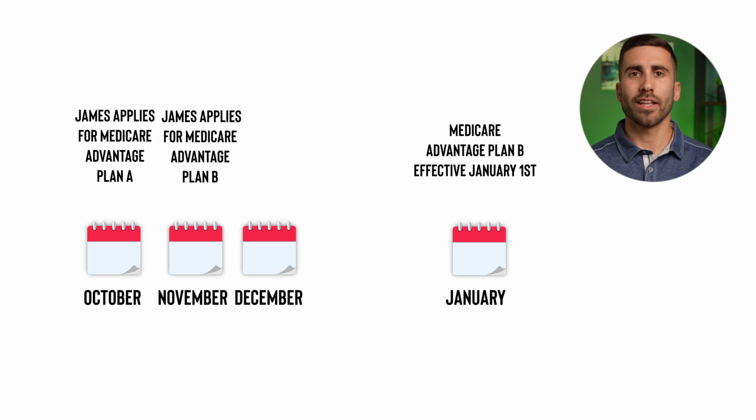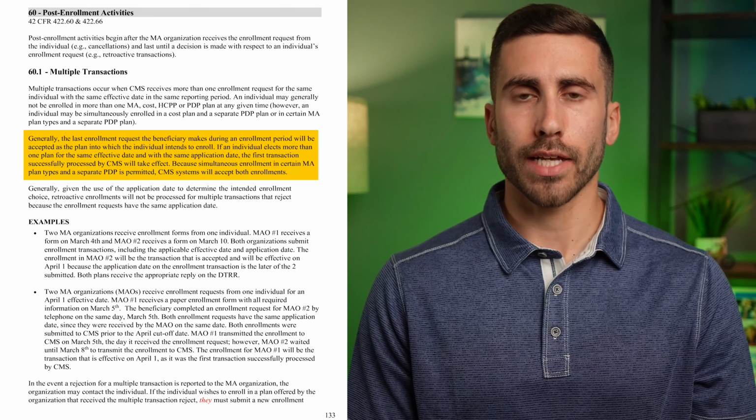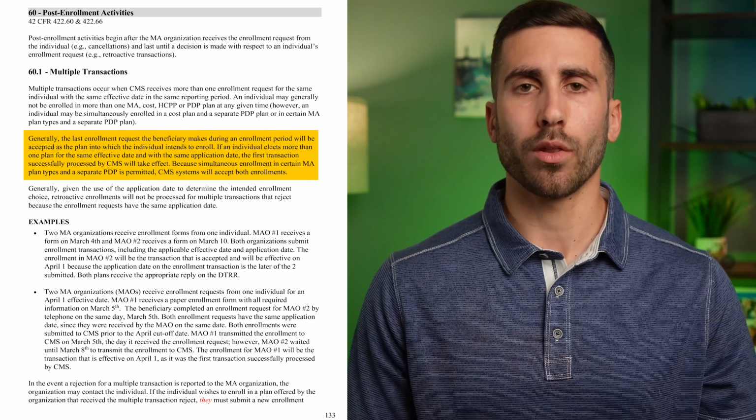So for example, let's say that James applies for a new Medicare Advantage plan in late October, but he discovers a Medicare Advantage plan that he likes better in November, and he decides to apply for that instead. In this case, the Advantage plan he applies for in November will become his new plan effective January 1st. Just know if you do apply for multiple plans in the same day, the first application successfully processed by Medicare will be the one that takes effect, so please try to avoid this.